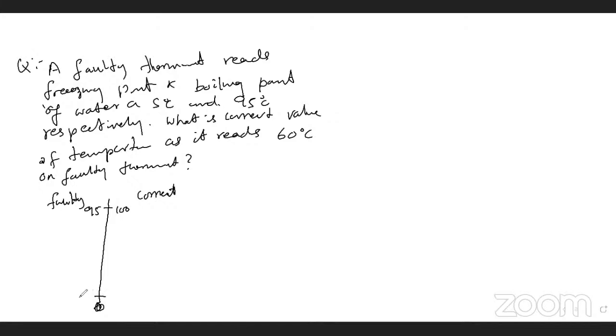The freezing point reads 5 but should be 0 in the correct scale. Now this reads 60, and they're asking what is the correct value.